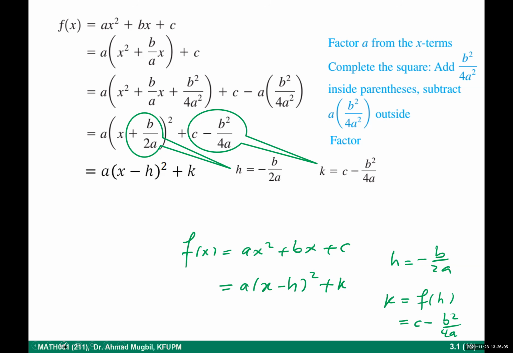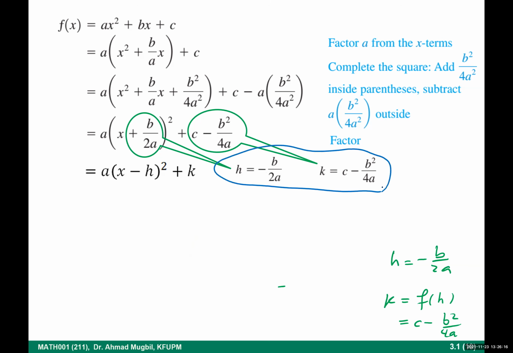Now, there is an interesting way to memorize this, by the way. It is not a formal way, but I have noticed that you can relate this to something you already know about the quadratic. Do you remember the quadratic formula?